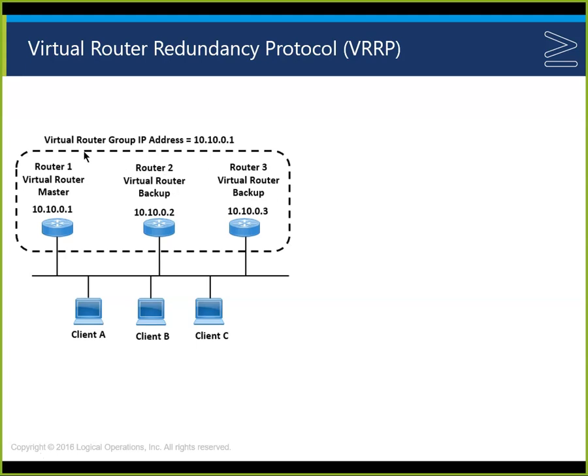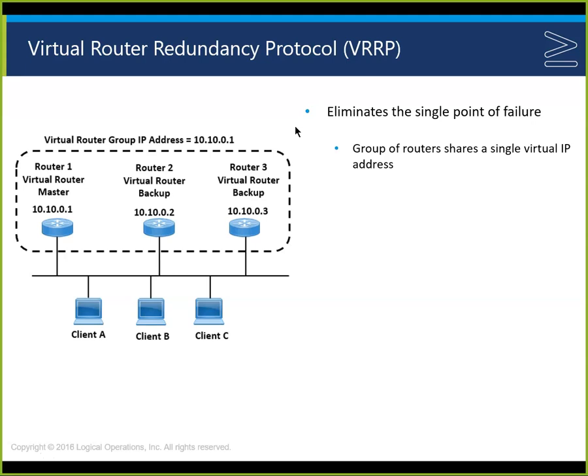In this case, we're going to have the VRRP IP address, same thing, 10.10.0.1, the virtual router group IP address. The virtual router backup is 10.10.0.2. This one actually manages the physical IP addresses. It eliminates a single point of failure, just like HSRP did. A group of routers share a single virtual IP address.